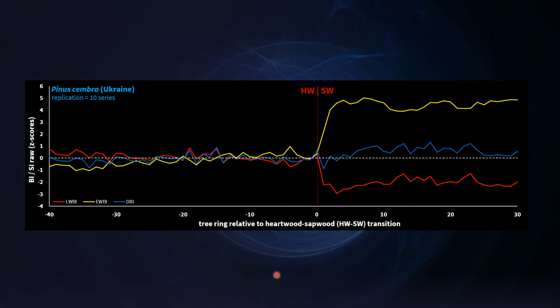And when we look at delta blue intensity, which is intended to correct for this color-related bias, we see that this performs quite well, with values before and after more or less along the same level, a little bit higher in the sapwood part.